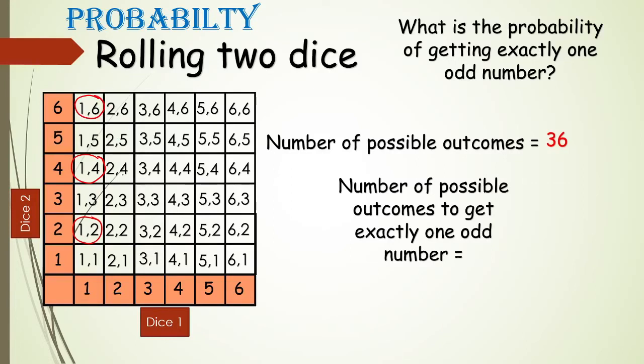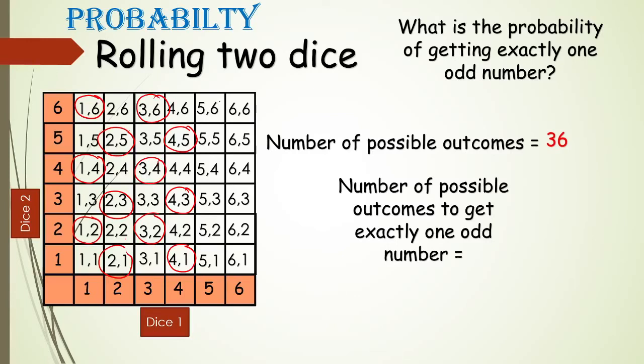We go per column. Okay, the second column. 2, 1. Okay, 2, 3. Correct. What else? 2, 5. Third column. What are those numbers? 3, 6. 3, okay. What about the fourth column? 4, 5, 4, 3, 4, 1.